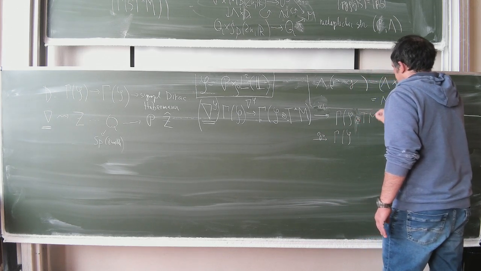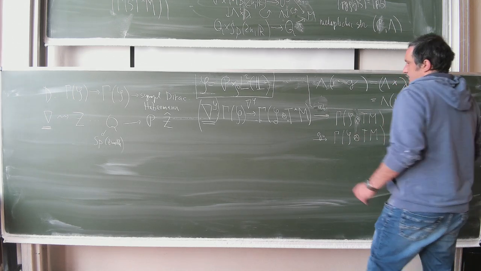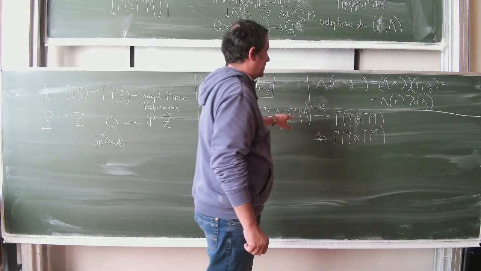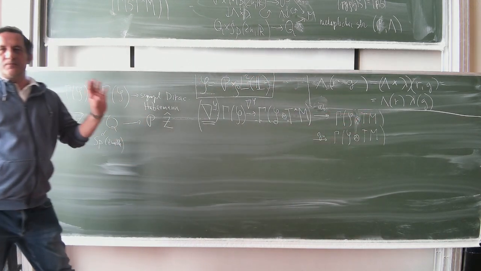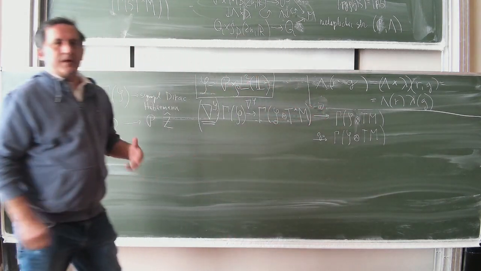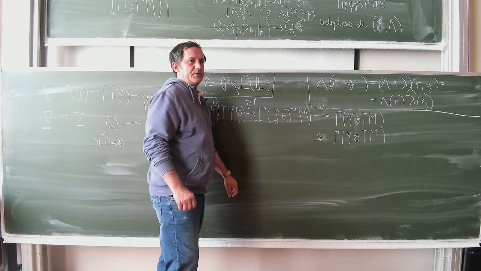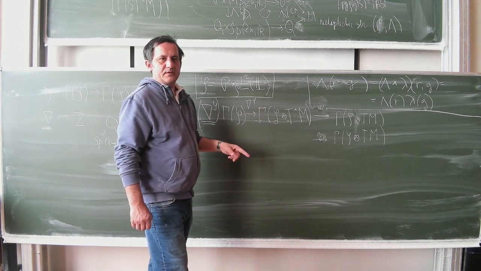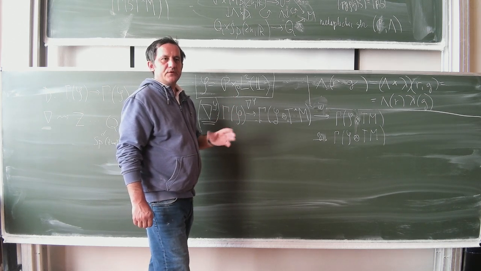What one does first is that one identifies the cotangent bundle with the tangent bundle, and this can be done by omega or by a chosen Riemannian metric, just like the raising and lowering operators in music.